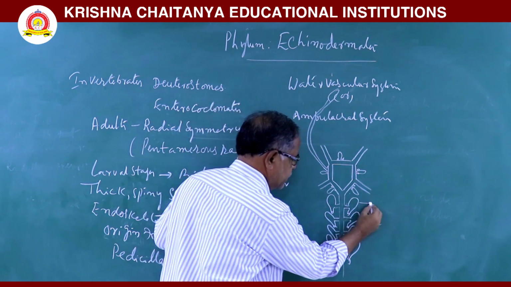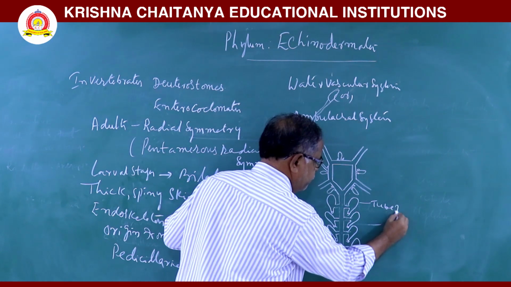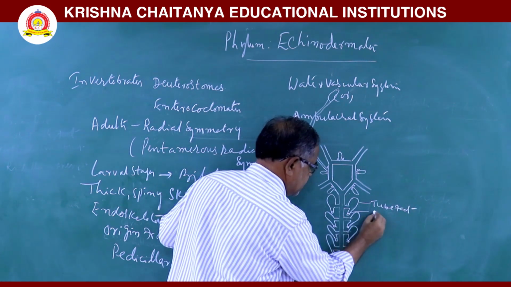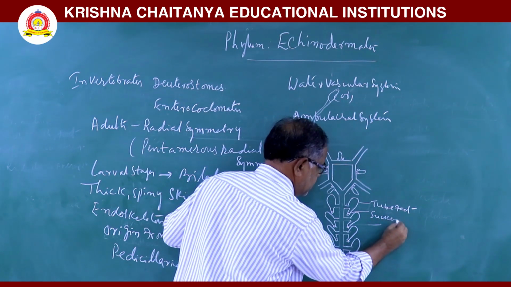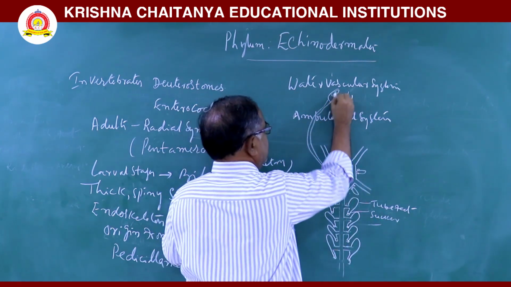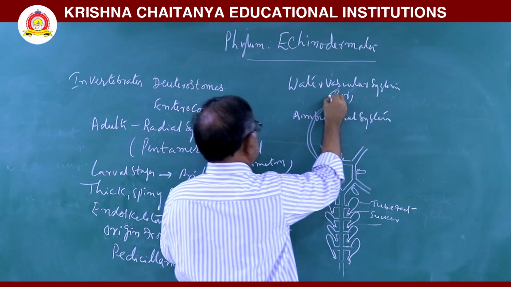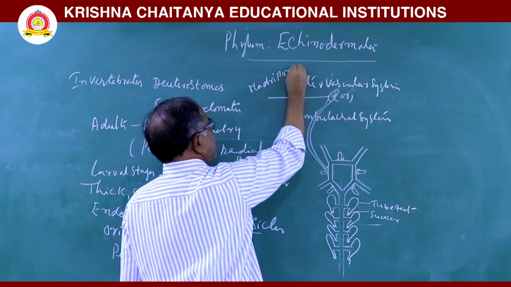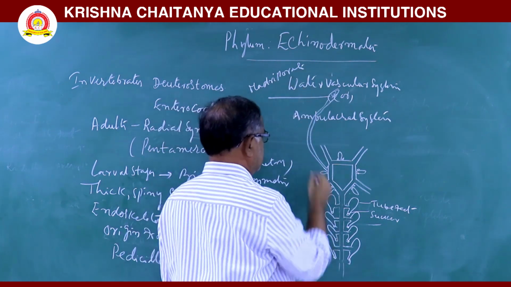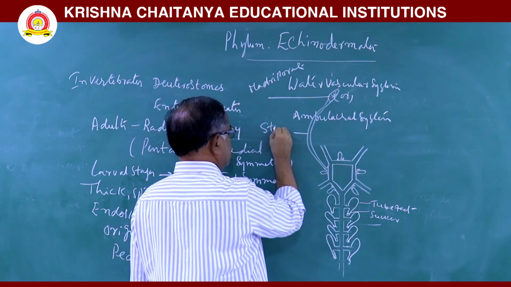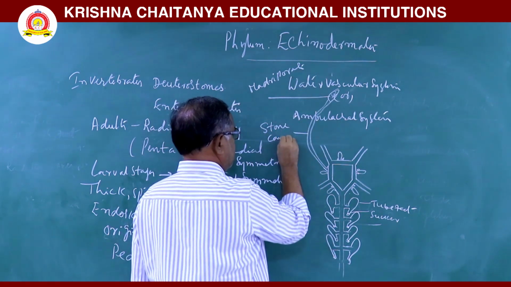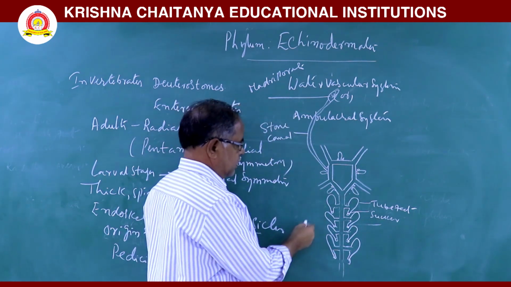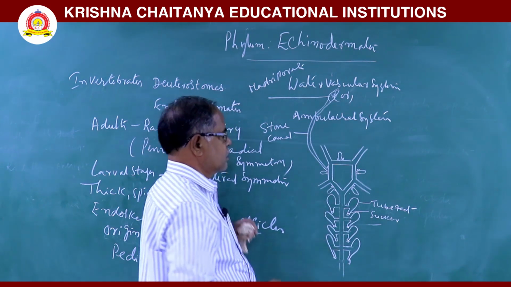This is a transverse canal. These are tube feet, this is a sucker. This is the madreporite. Next, this is the stone canal. This is the water vascular system.